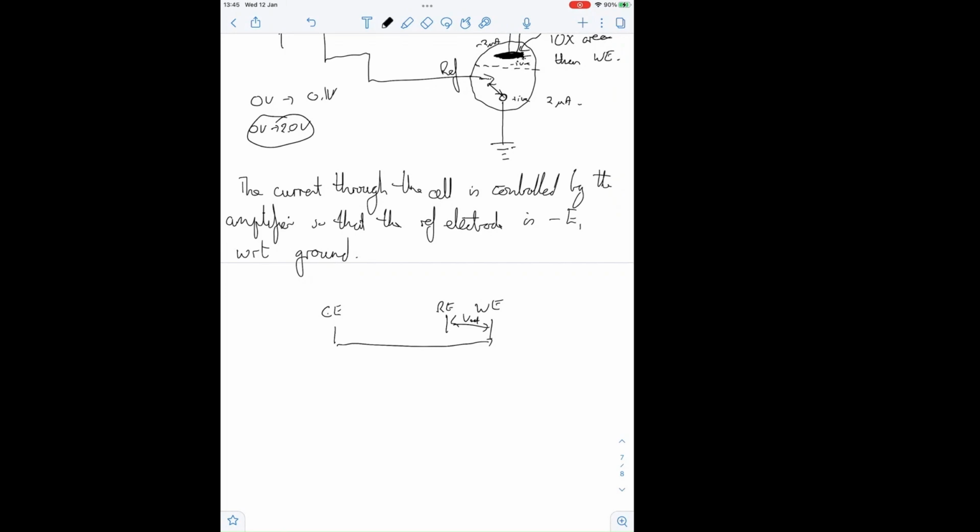The voltage I am applying here, because this one's earthed, will depend on how much voltage I drop through the solution, the IR. So if I've got really resistive solutions, I'm going to have to drive this to a higher compliance voltage.